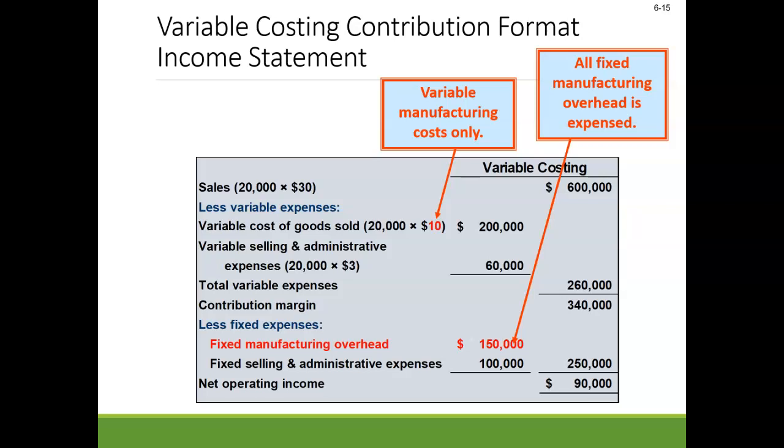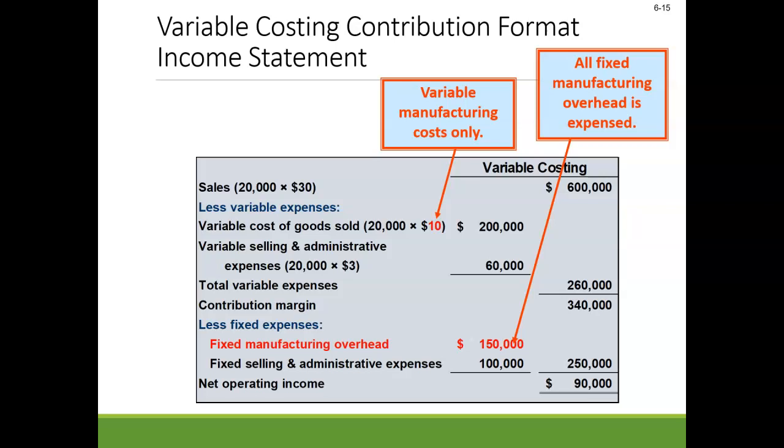Our sales minus those variable expenses give us our contribution margin of $340,000. Remember that contribution margin is what's left to pay our fixed expenses. So our fixed manufacturing overhead and our fixed selling and admin total $250,000, giving us a net operating income of $90,000.